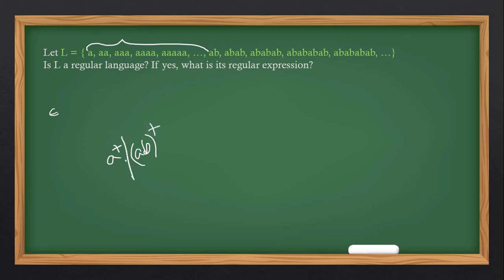So we have one or more A. If the string is made of one or more A, the string matches this expression and the string will be in this language. If the string is made of one or more repetitions of the string AB, that will match this expression as well, and that string will also be a part of this language. So our two conditions are being satisfied, so we can say the expression for this language is this expression. Okay, cool. We are going to move on now.